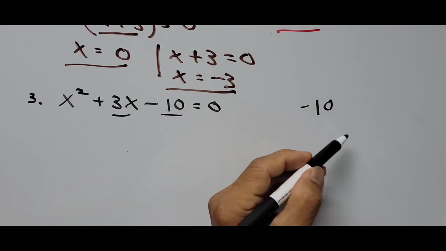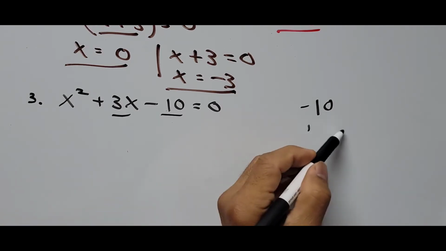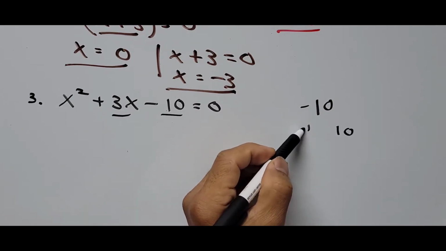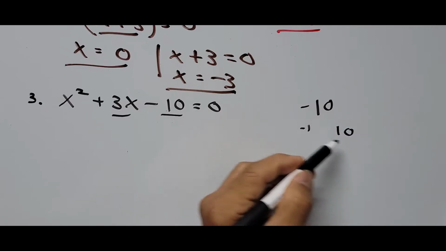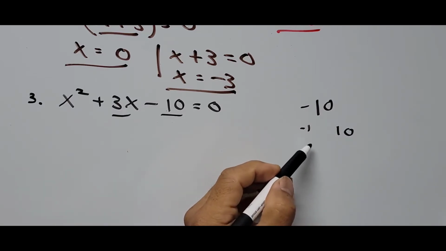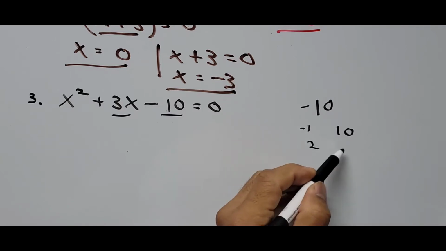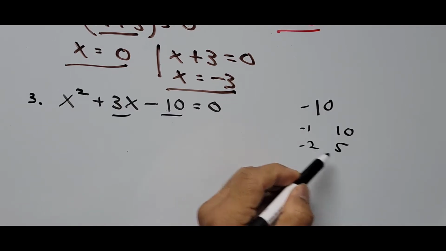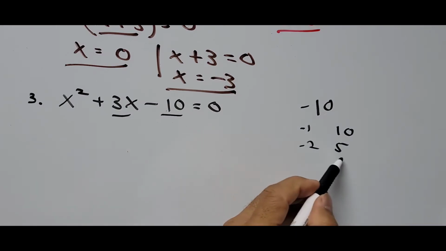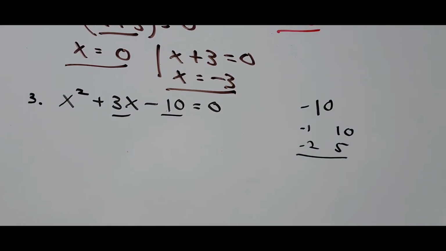So what are the factors of 10? That's 1 and 10. So negative 1 and 10, that yields negative. And 2 and 5. So negative 2 and positive 5. And it seems that one is really the answer right there.